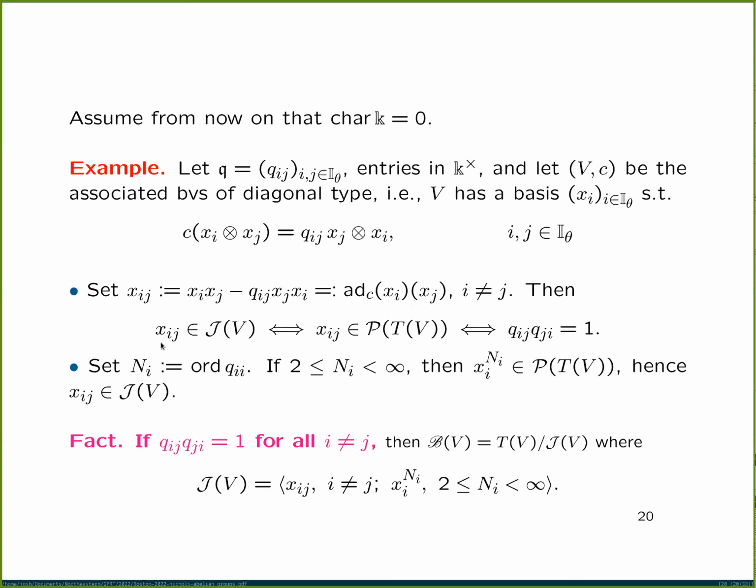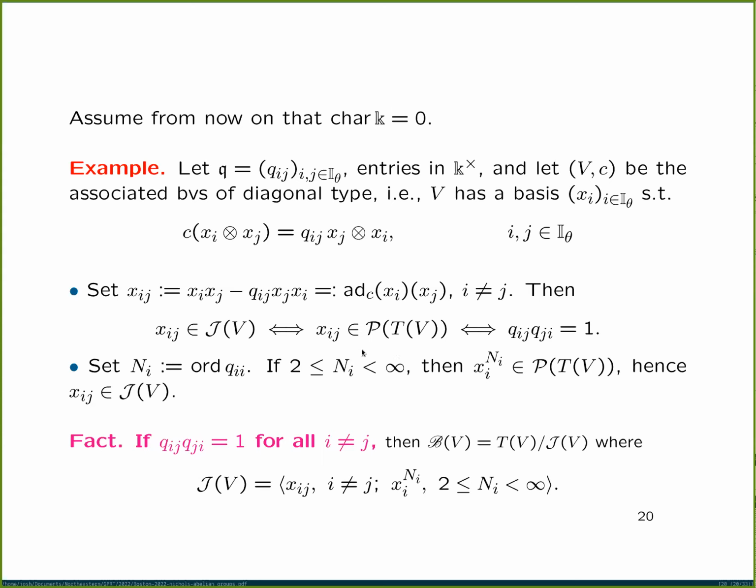Then it can be shown these elements are homogeneous of degree 2. So the only way that they will belong to the ideal defining the Nichols algebra is that they are primitives, because they could not be primitives over primitives by homogeneity.